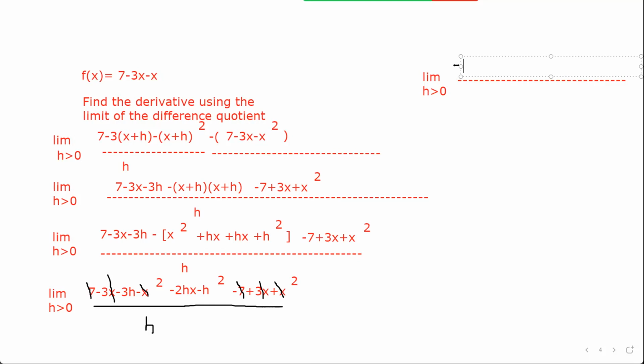Well, I have -3h, right here, -3h. Sorry, it was hidden. Minus 2hx. And then I have minus h squared, over h. Are you with me here?